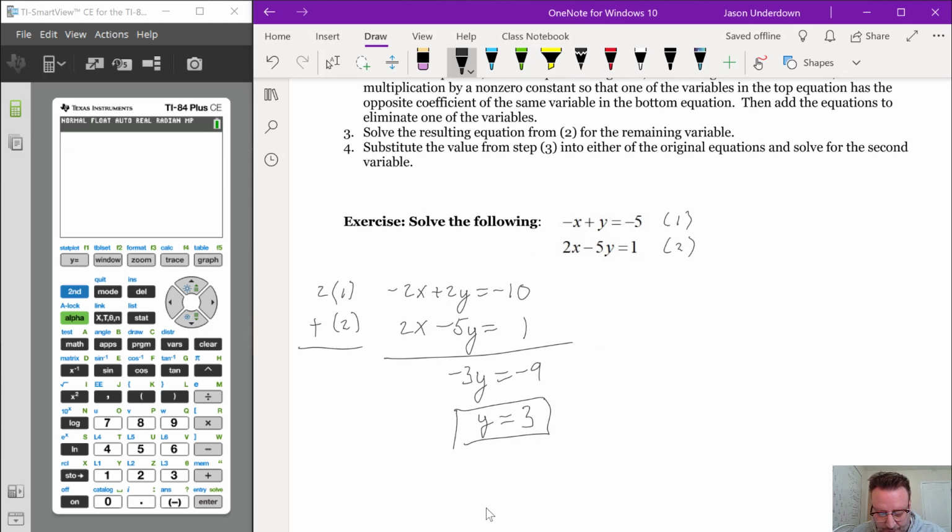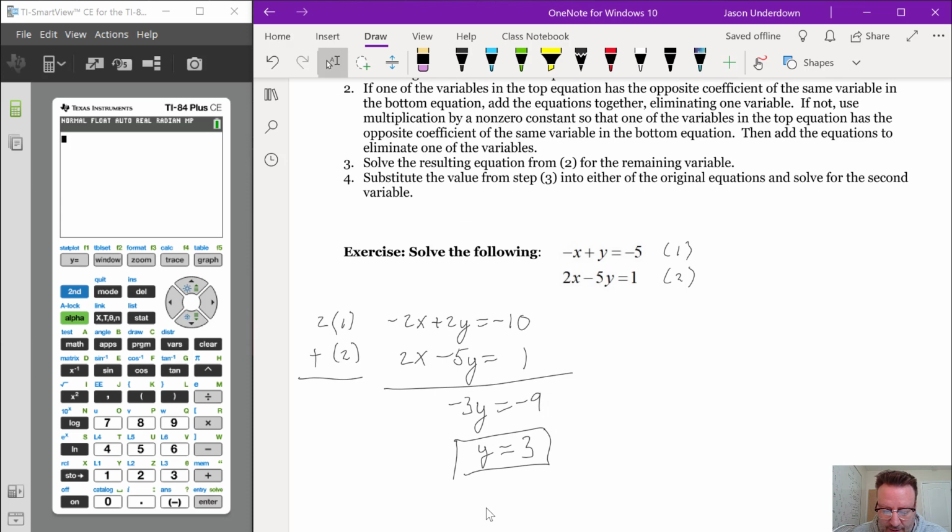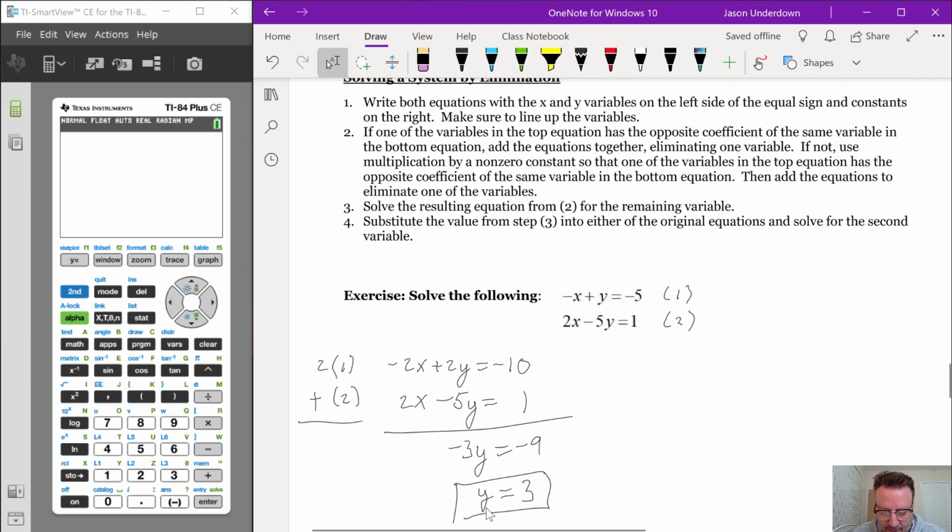Okay, so that is the steps. Step 1 was already done for us, right? This is step 1 right here. Step 2 is where I multiplied the first equation by a non-zero constant, in this case 2.